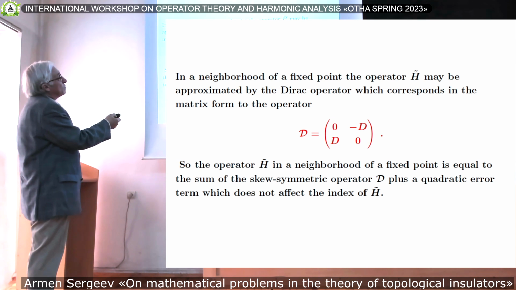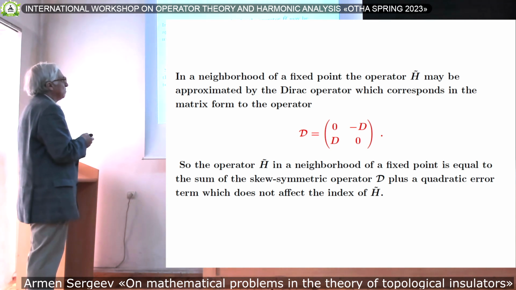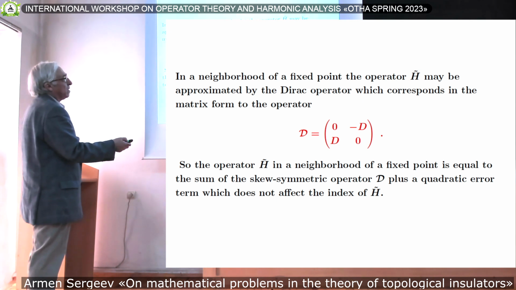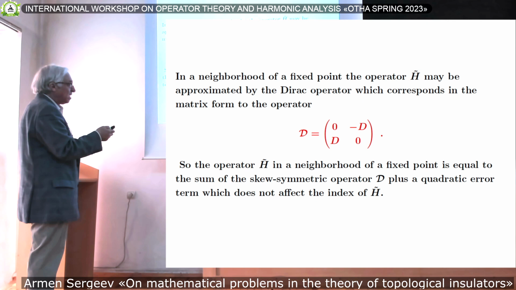In the neighborhood of a fixed point, the operator H tilde may be approximated, as I said, by the Dirac operator, which in matrix form has this form. So the operator H tilde in the neighborhood of a fixed point is equal to the sum of the skew-symmetric operator D plus a quadratic error term, which does not affect the index.